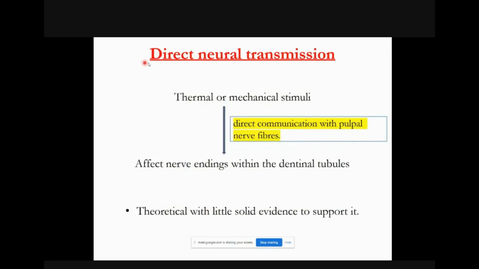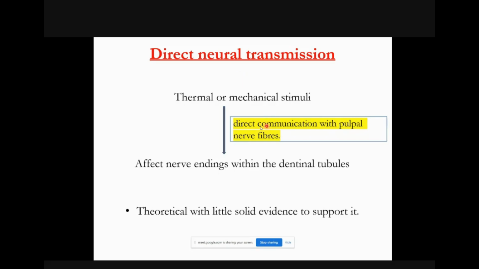According to direct neural transmission, it's very simple. The name itself suggests what the proposed theory is saying. They say that whenever there is any kind of stimulus, whether thermal or mechanical, there is a direct communication with the pulpal nerve fibers, and that's how there is pain or sensation or sensitivity, whatever you're feeling.